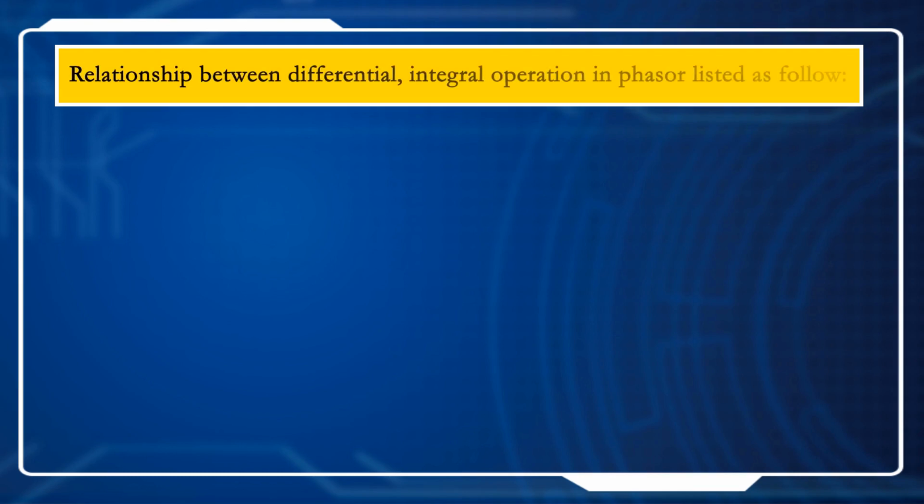Why do we use phasors to analyze the sinusoid circuit? Because there are very important advantages when we use phasors. The relationship between differential and integral operations in phasors is listed below.